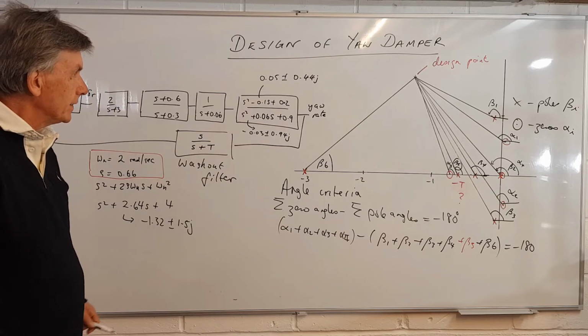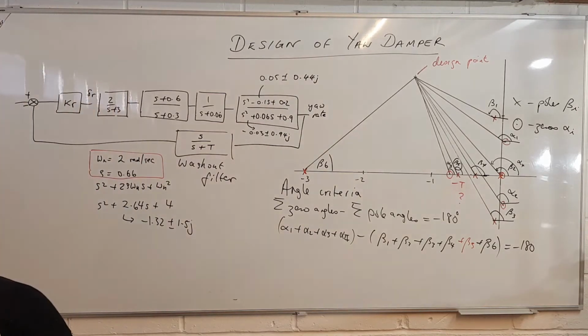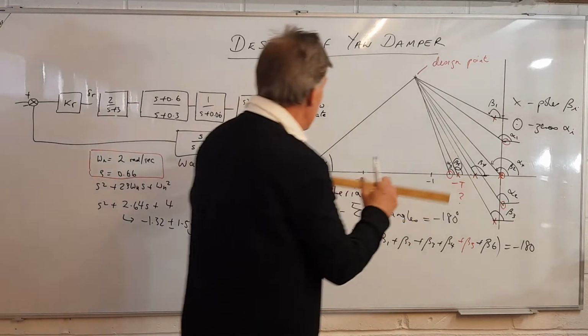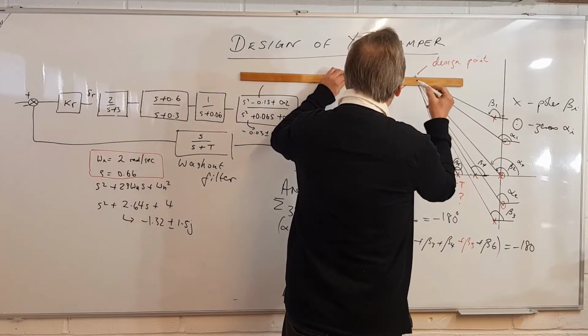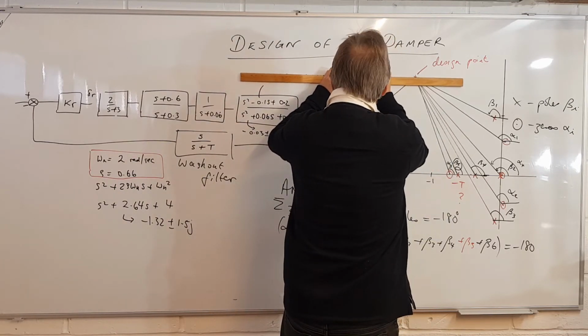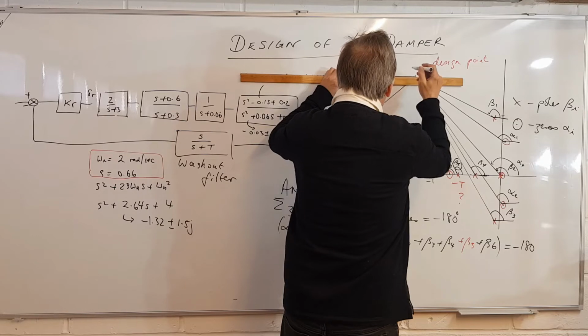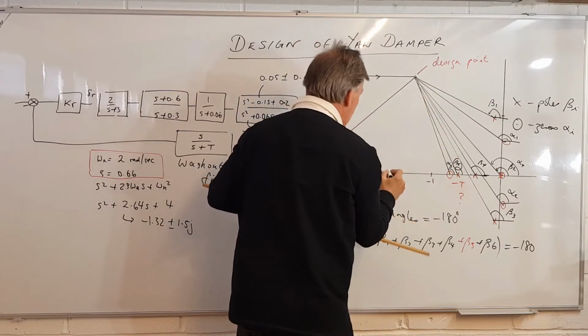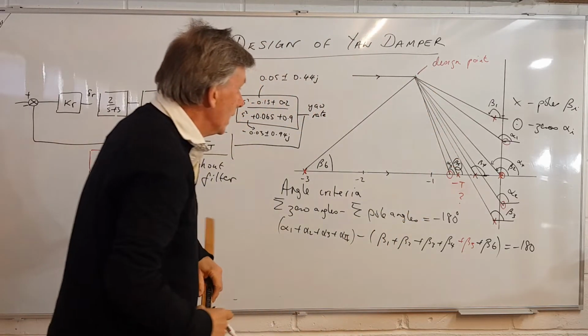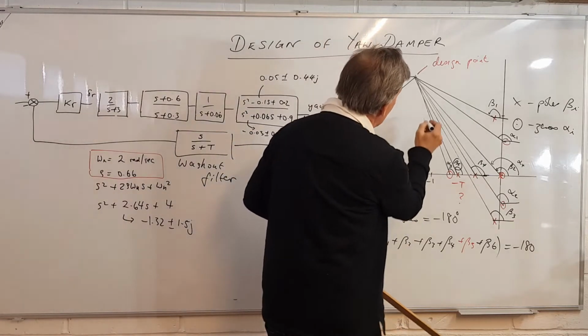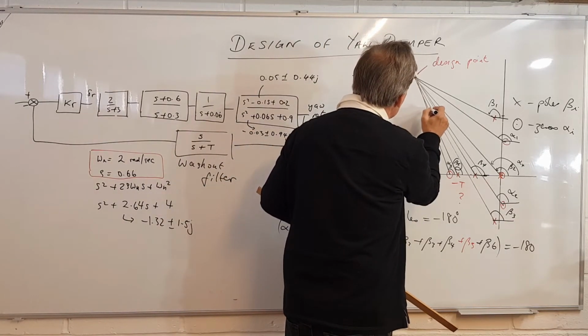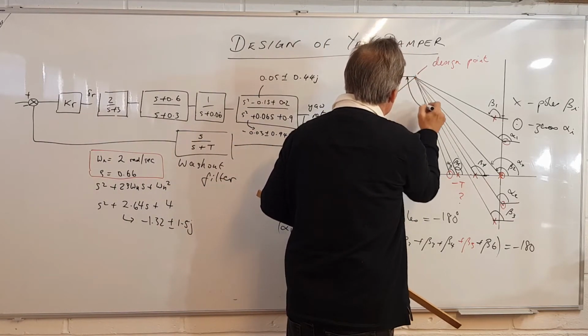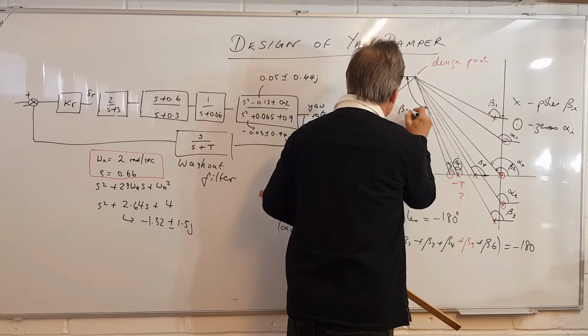And then once we've got beta 5, we draw a line along here that's parallel to these axes. And then what we do is we measure now down this way, this angle here is beta 5.